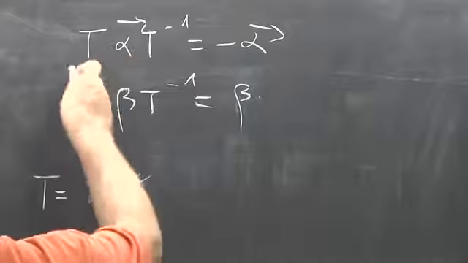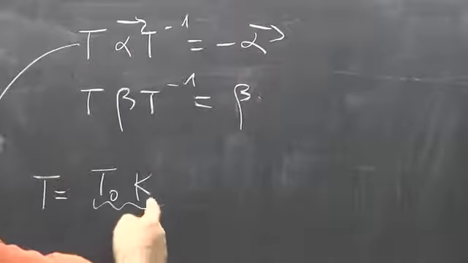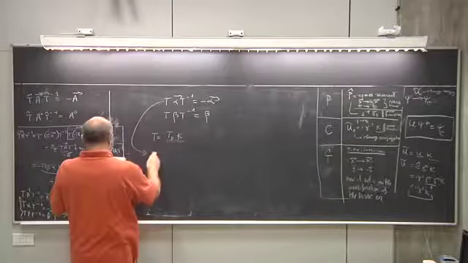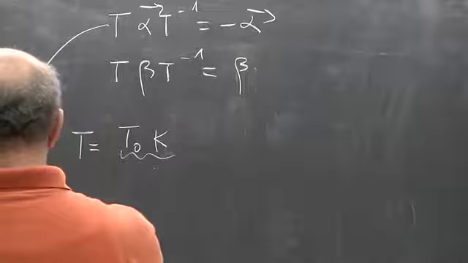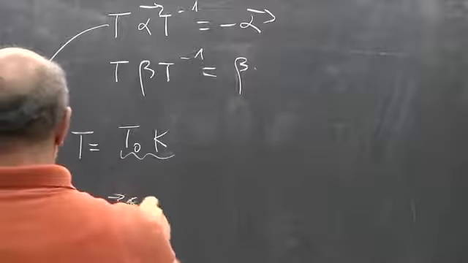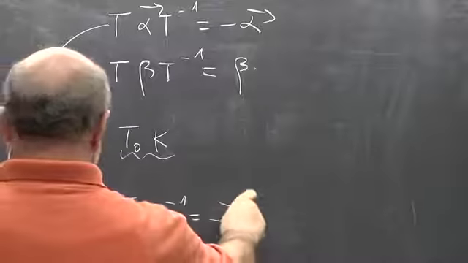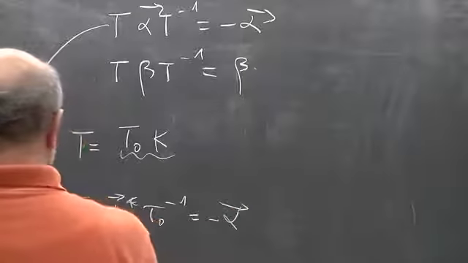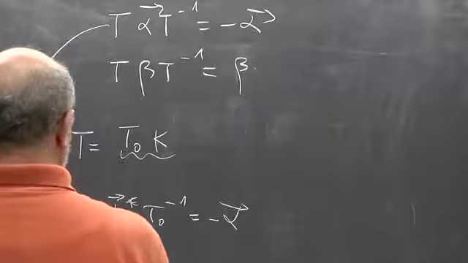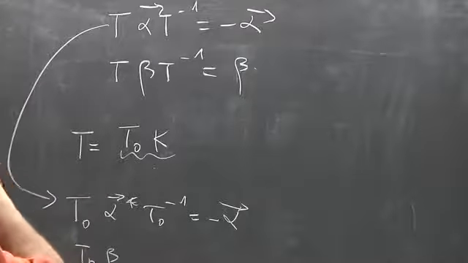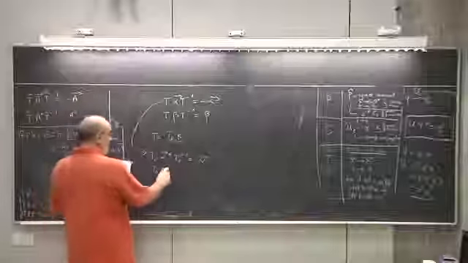So this relation becomes, remember, T0 times K. K makes the complex conjugate. So you get T0 alpha star T0 to the minus 1 must be equal to minus alpha, and T0 beta, beta is real, T0 to the minus 1 equal beta. So when you do the complex conjugate, it does not act.